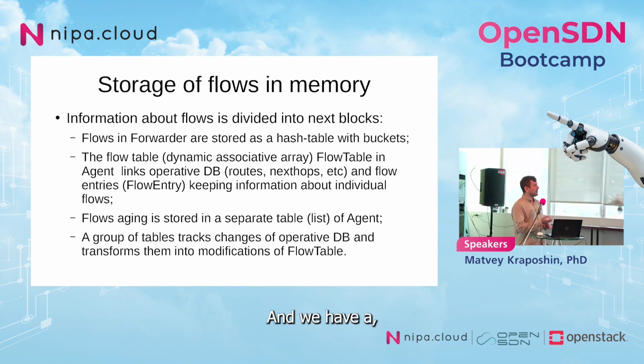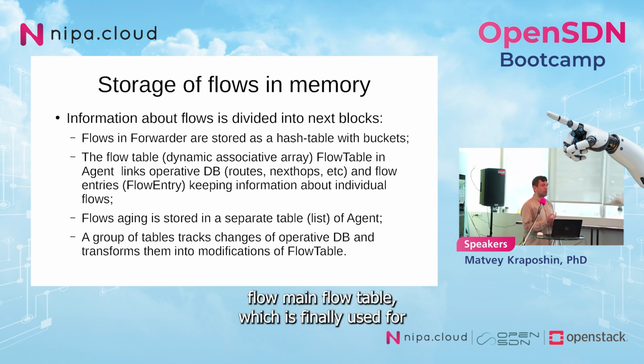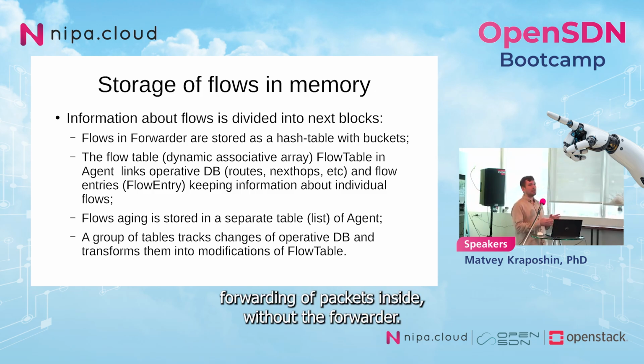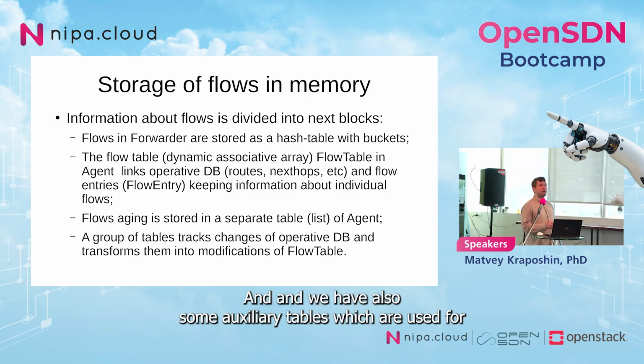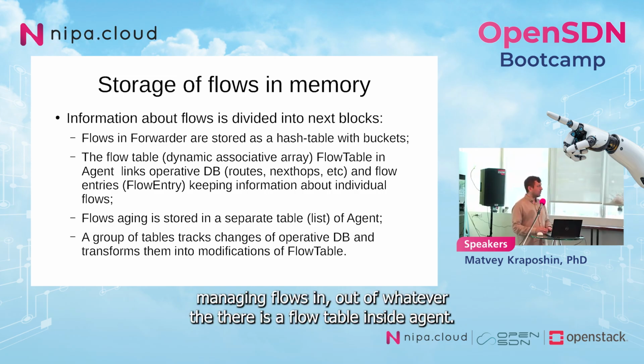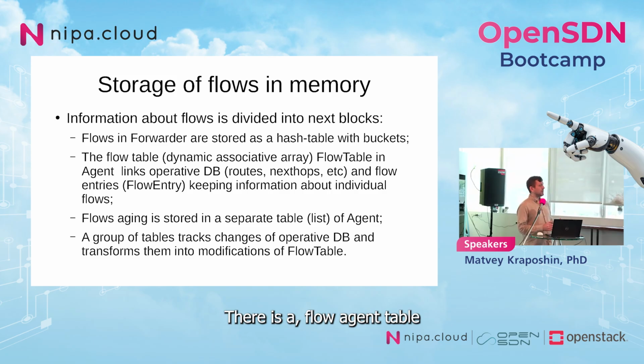And we have a main flow table, which is finally used for forwarding of packets inside the router forwarder. And it's a hash table. And we have also some auxiliary tables, which are used for managing flows in the router forwarder. There is a flow table inside agent. There is a flow aging table and other tables.